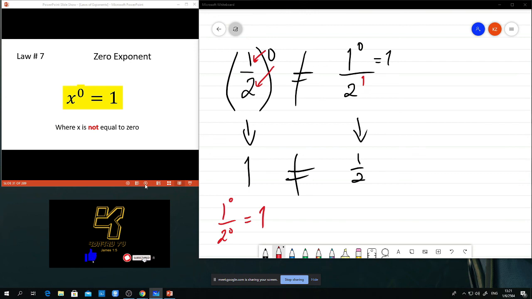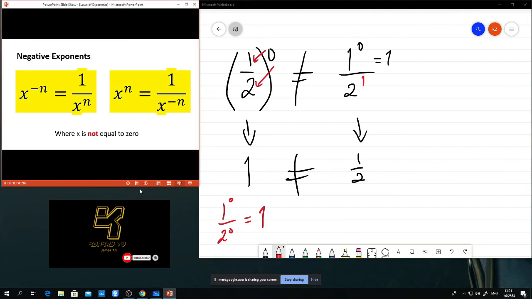Okay, next, the last one. The negative exponents. So x power of negative n equals 1 over x power of n. And x power of n equals 1 over x to the power of negative n. So as you can see, it's just the opposite.